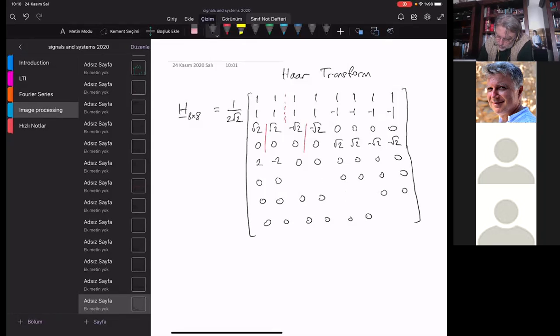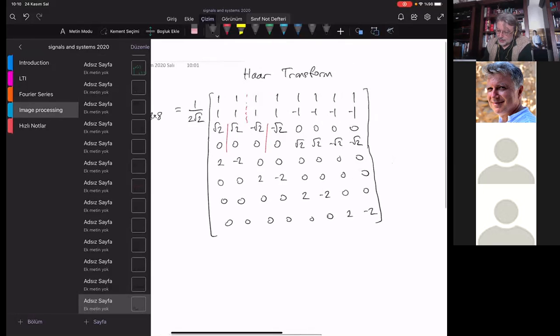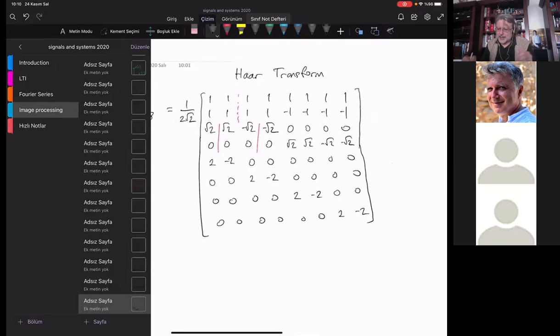Because only then these rows will be having a unit norm. So the splitting is actually like this.